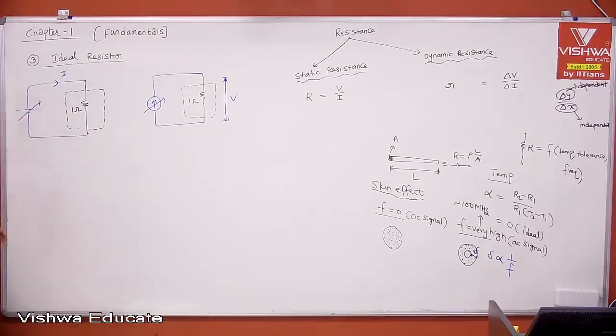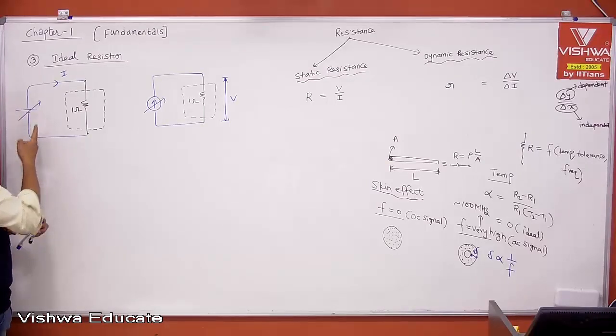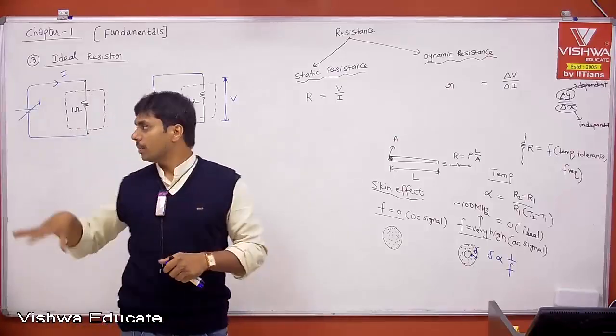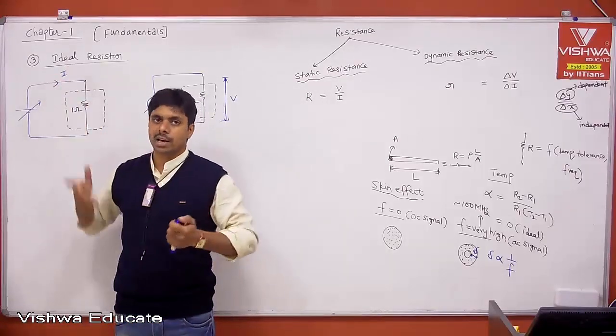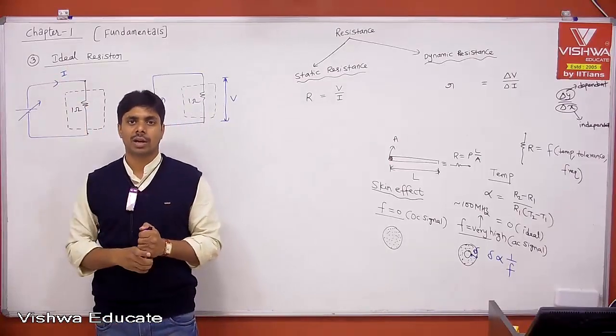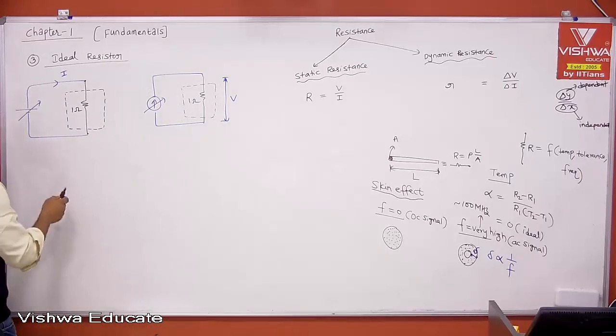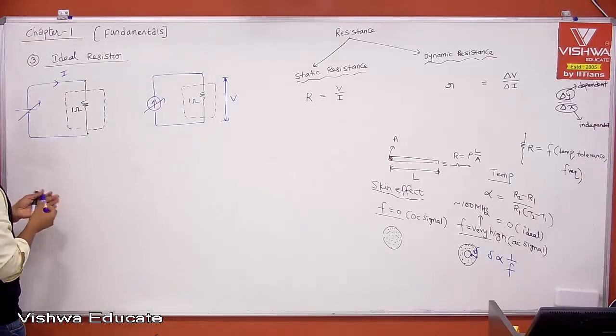If I take this scenario, let us excite with an ideal voltage source and vary the voltage. It is like a regulated power supply: change the voltage and put an ammeter in series, then you can get the current and the relation between voltage and current. Before that, let's take 3 values.